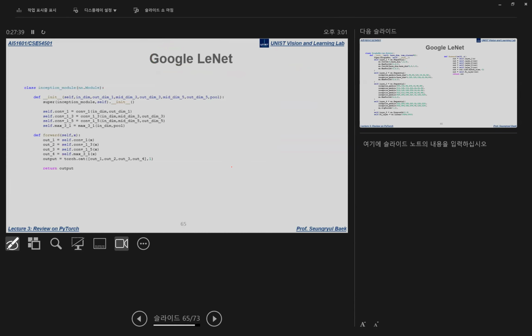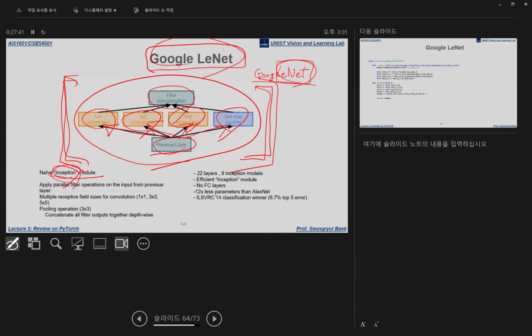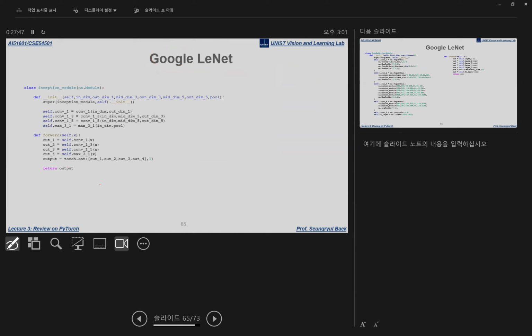You can see how this type of layer could be easily implemented in PyTorch in the next slide. Here we define a class called Inception module. This is the constructor, and this is the forward function. Here we define the 4 different layers we have just seen: the 1 by 1 convolution layer, the 3 by 3 convolutional layer, the 5 by 5 convolution layer, and the max pooling layer.